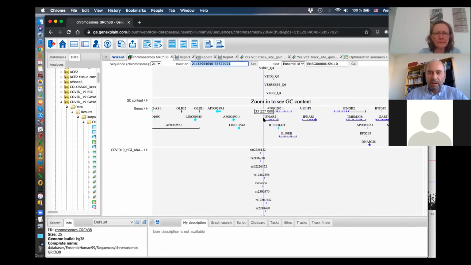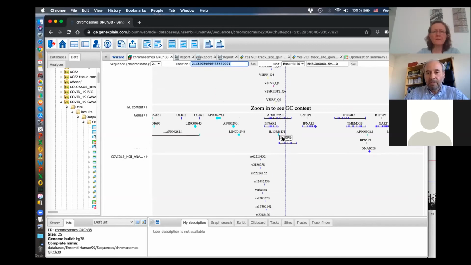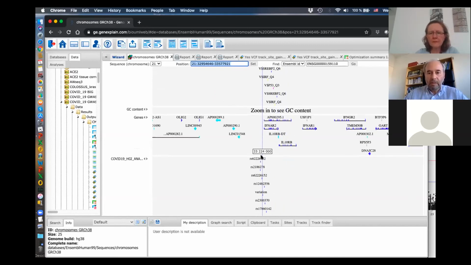We see this interferon receptor gene, and nearby there's another gene which seems to also be involved, the interleukin 10 receptor. Some of those SNPs are located inside the IFNAR gene, but through eQTL information we know that they affect the nearby gene.